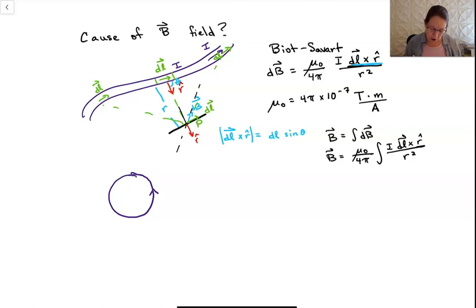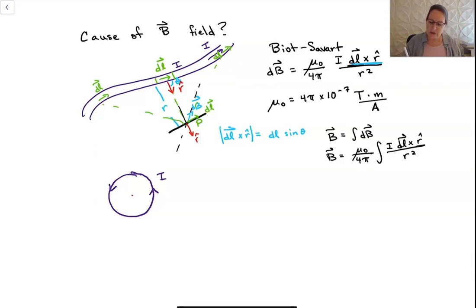So if we have a current going around in a circle like that, I want to find the magnetic field right here in the center. So there's my point P. In this case, notice that my dl is like that, my r hat is in that direction, so dl cross r gives me something that's out of the page.